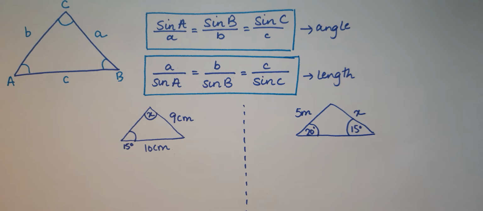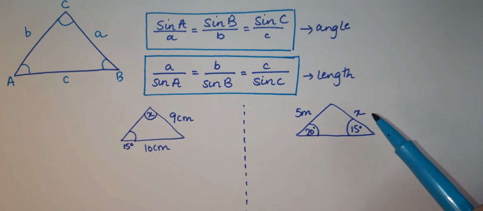So here we have two different triangles. They're both non-right angle triangles, and they both have certain values given. In this question, we're finding out an angle, and in this question, we're finding out a length. Now, they'll always indicate what they want you to find out. They'll say in the question, find the length of this side.